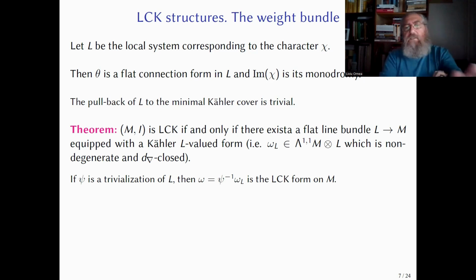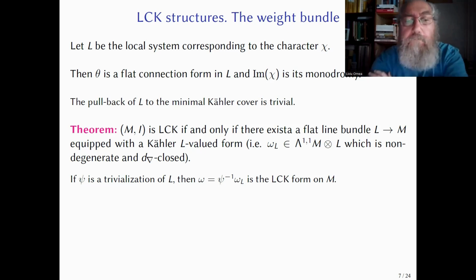This characterization, which can stay as a definition also, this was new. It wasn't in the papers of Vaisman. It is very easy to show that if M is LCK, this bundle exists.